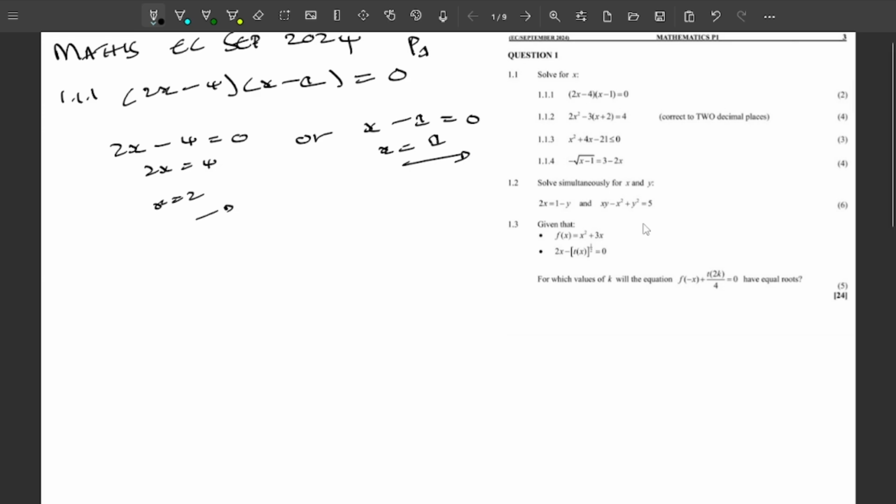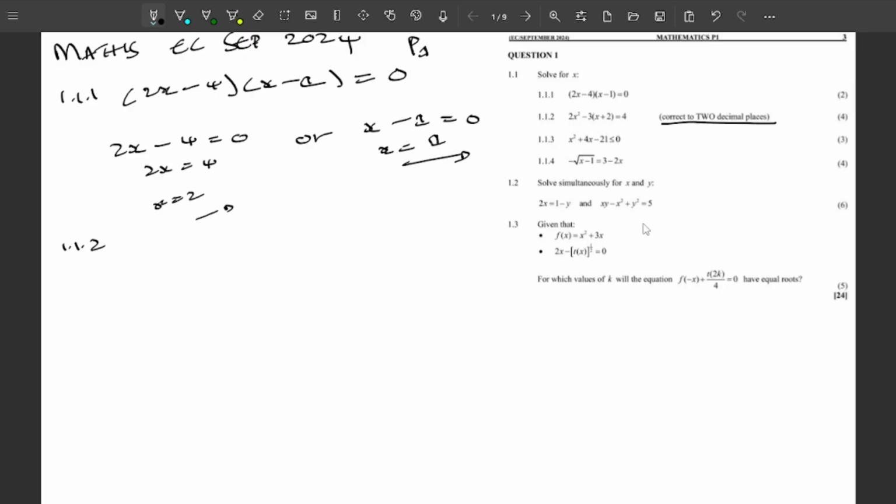Good. Now 1.1.2 states solve for x for 2x squared minus 3 open bracket x plus 2 close bracket equals 4, and then they give us a keyword: correct to 2 decimal places. Now we know that if they say this, we're going to use the quadratic formula to solve it.